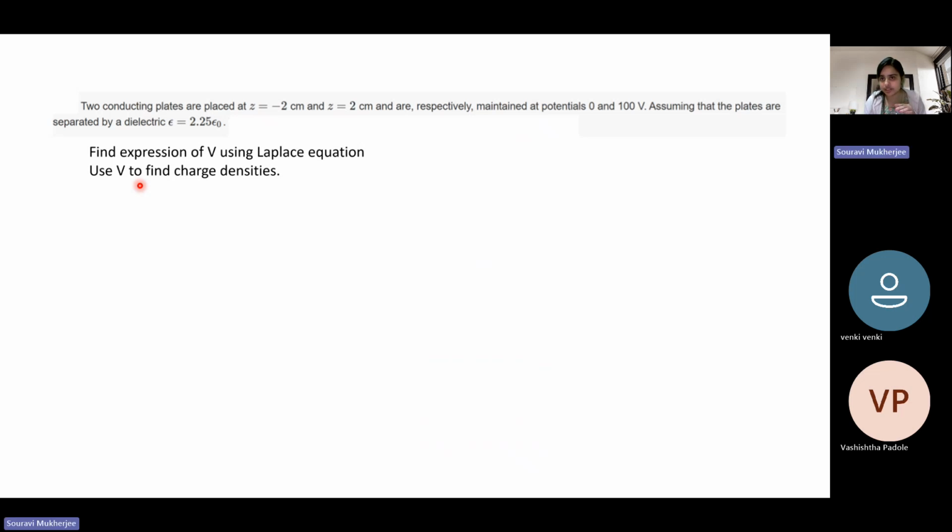Think, what are the boundary conditions that are given? You have to always look for which dimensions we are talking about, whether it's a one-dimensional problem, two-dimensional problem, or three-dimensional problem.